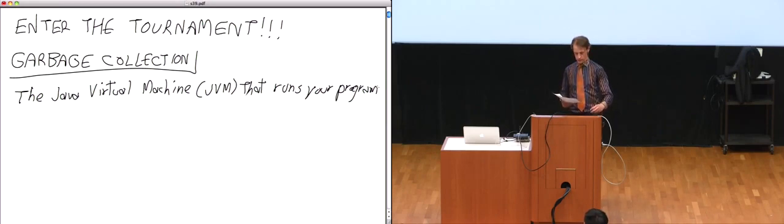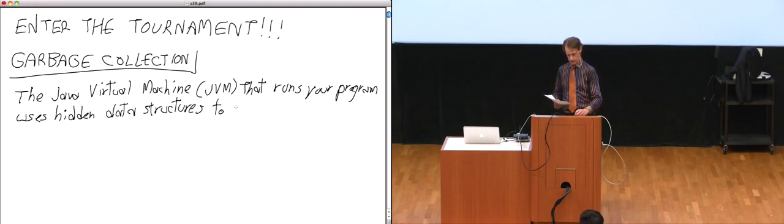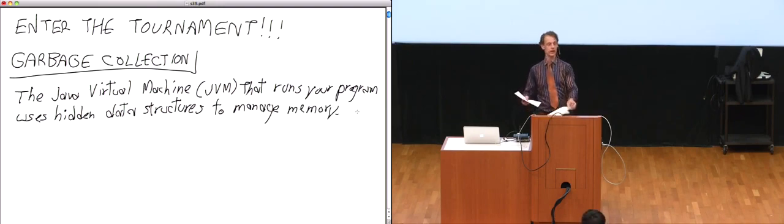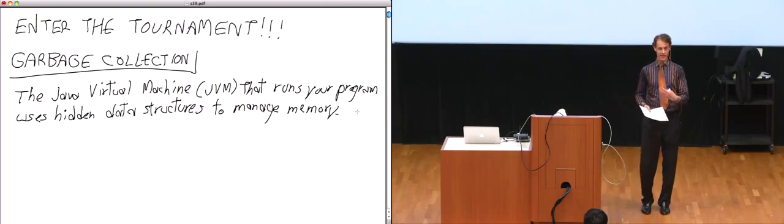So the Java virtual machine uses a lot of hidden data structures to manage memory. And these data structures are completely hidden from your Java program. They're not data structures that you can access, but they're used to manage the heap.